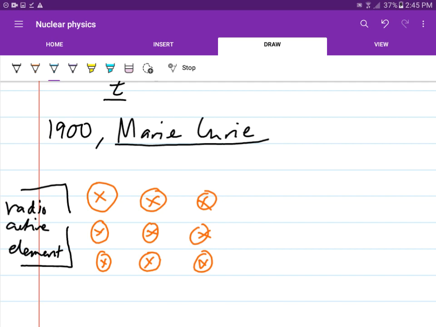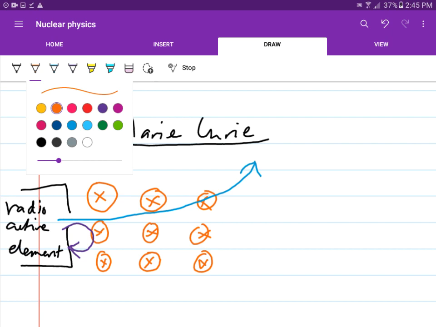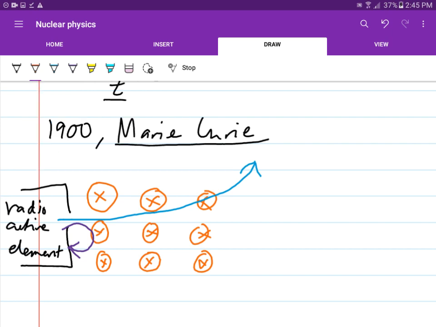The first one is radiation that went like this. This is the first type of radiation. There is another radiation that went like this. And lastly, there's a radiation that went on in a straight line.